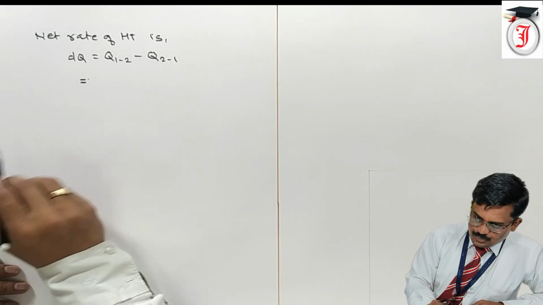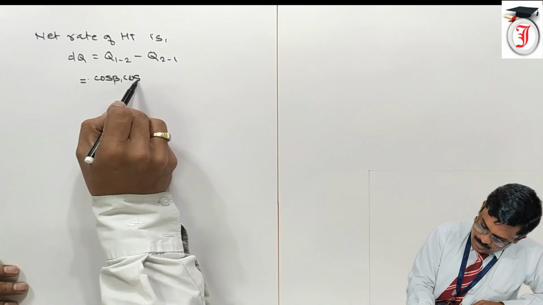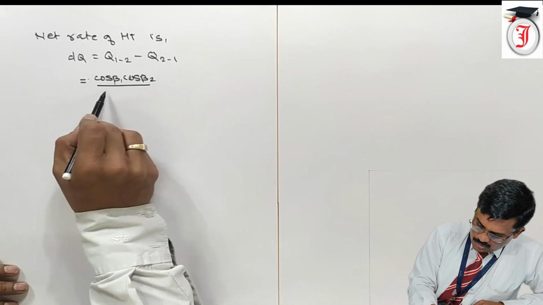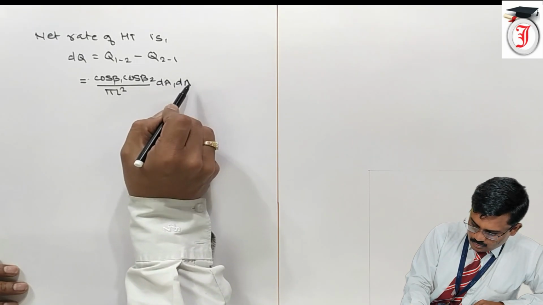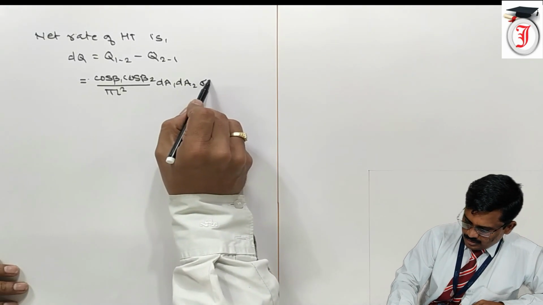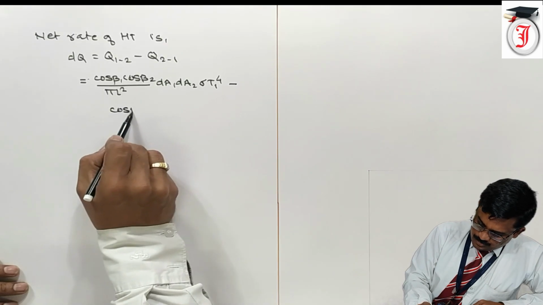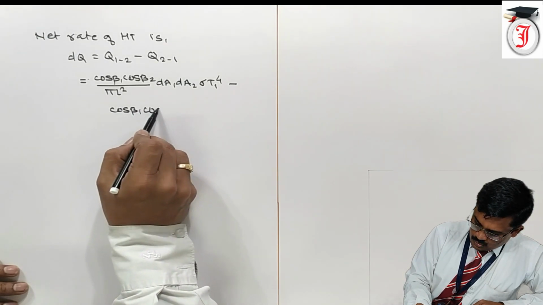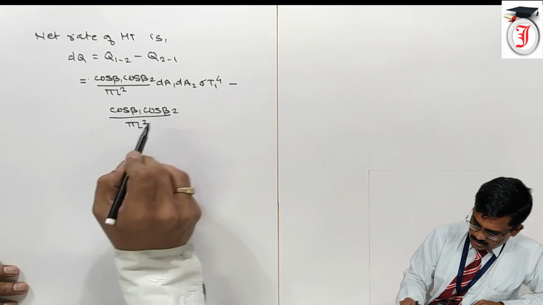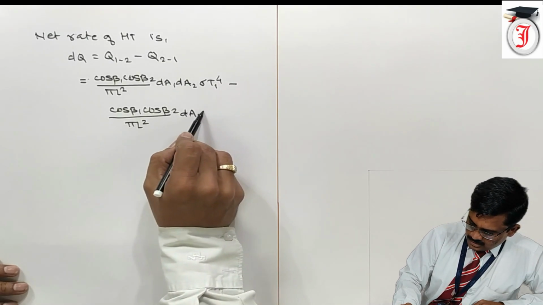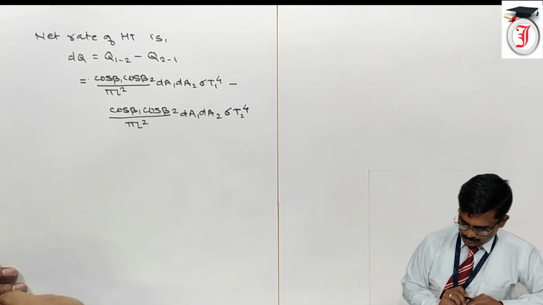That is equal to cos beta 1 cos beta 2 upon pi L square dA1 dA2 into sigma T1 raised to 4, minus cos beta 1 cos beta 2 upon pi L square dA1 dA2 into sigma T2 raised to 4.